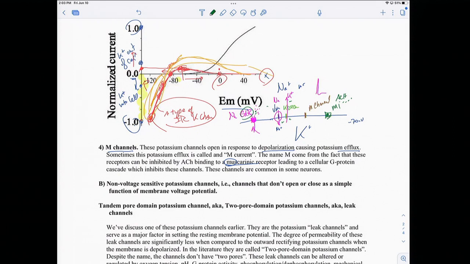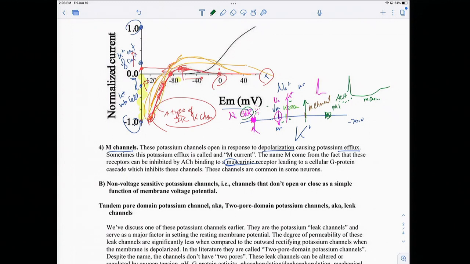But I also have some M channels, and potassium is leaving there as well, and they stay open a fairly lengthy amount of time. So what does that mean? That means I'm going to have an action potential that looks like this. It's going to be depolarizing, coming in, hyperpolarizing, and then it stays hyperpolarized until these M channels finally close. This deep hyperpolarization would be because of these M channels that happen to be there.